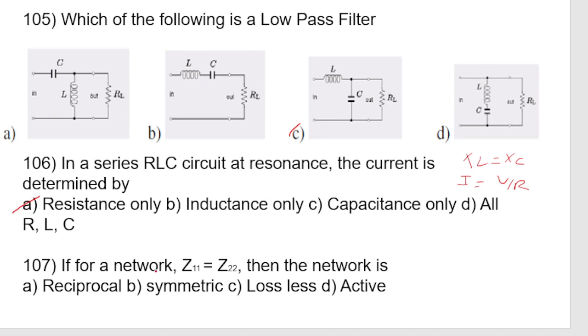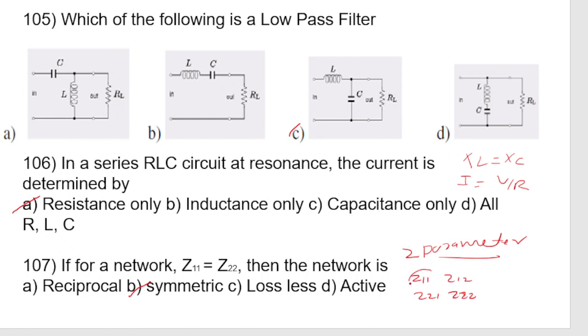If network Z1 equals Z2, the network is basically the symmetric network condition from Z parameters, that is Z11, Z12, Z21 and Z22.